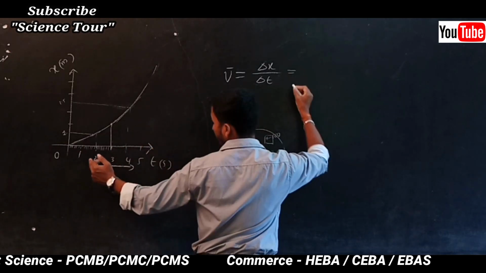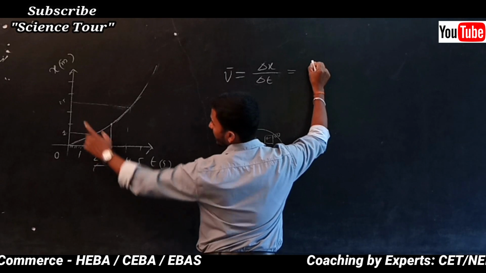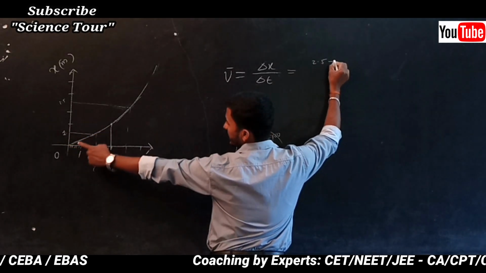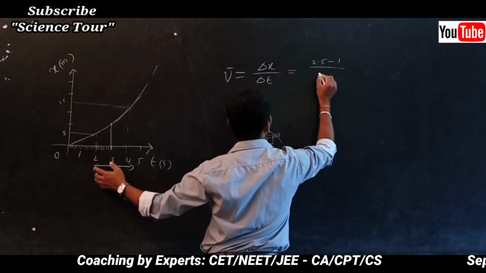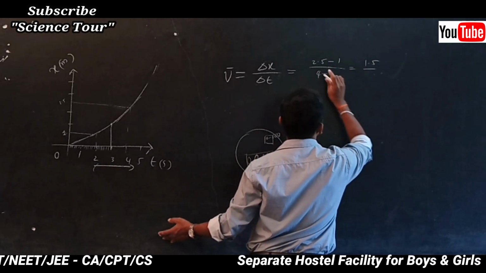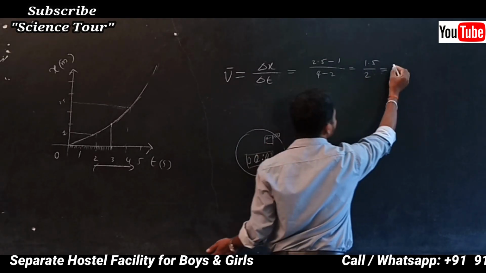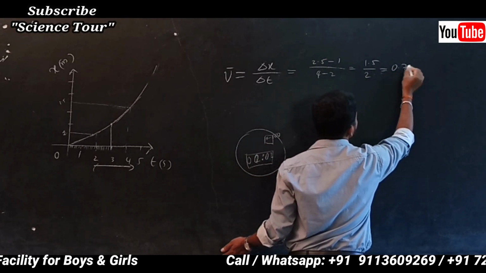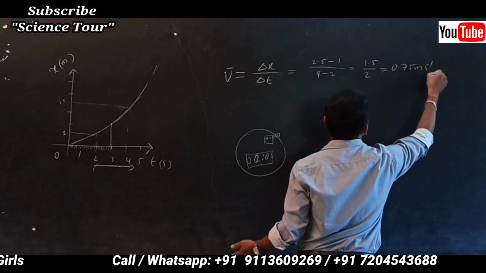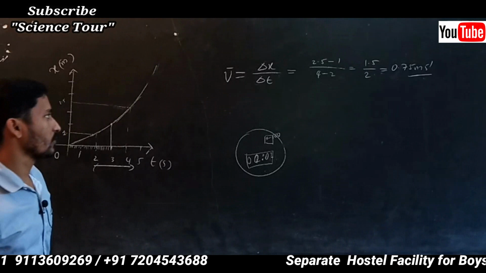I can write the velocity for this 2 to 4 interval as 2.5 minus 1 divided by 4 minus 2, which is 1.5 by 2, that is 0.75 meter per second. Like that you can write, nearly equal to.